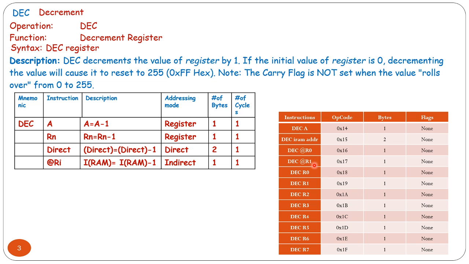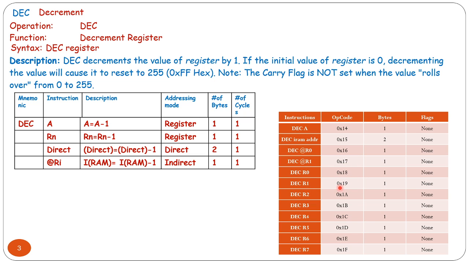The content of internal random access memory whose address is indirectly pointed by the R1 register is decremented by 1, having operation code 17H. Decrement R0. The content of general purpose register is decremented by 1 and the result is stored in R0 register, having operation code 18H.